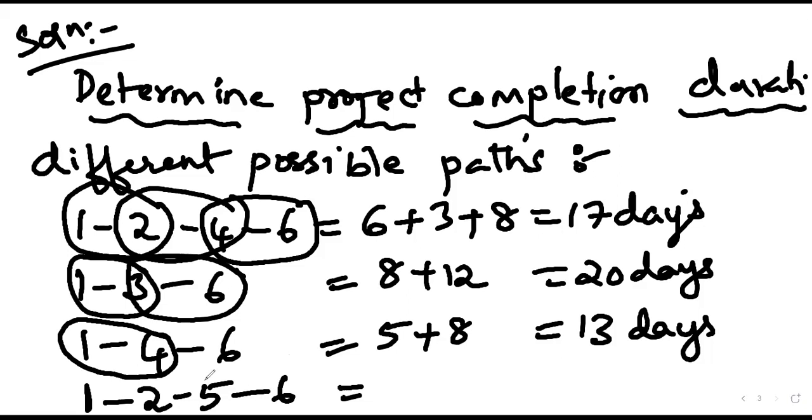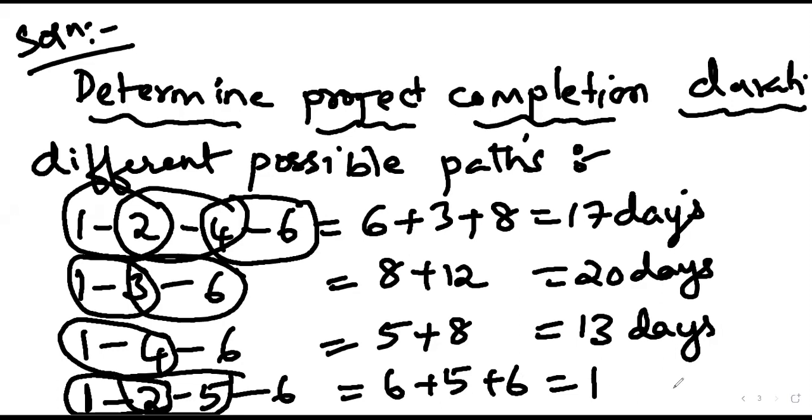Anyone else? So what is the path duration of this? 1, 2, 5, 6. What is the path duration? 6 plus 5 plus 6, and that is 17.